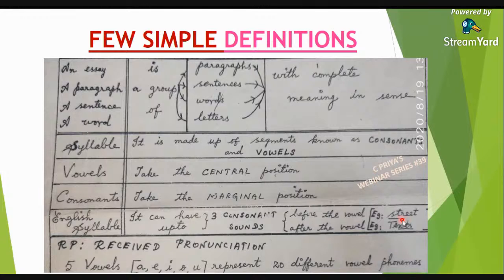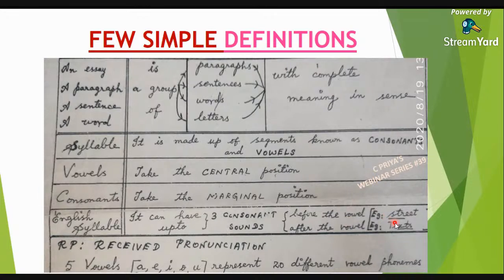These three are consonants. E is a vowel. See, the fourth sound is a vowel. Before the fourth sound, we have three consonant sounds. So, in English, we can have three consonant sounds before the vowel.